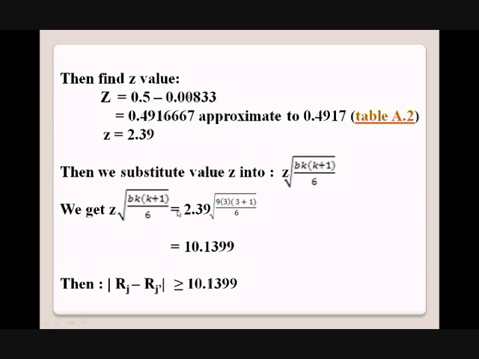After we substitute, we get z times the square root of bk(k+1)/6 equal to 10.1399. Then absolute Rj minus Rj prime must be greater or equal to 10.1399.